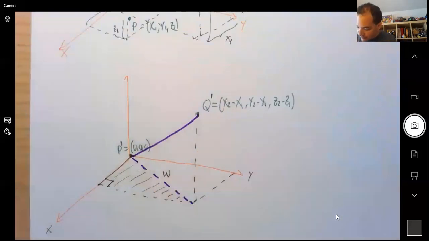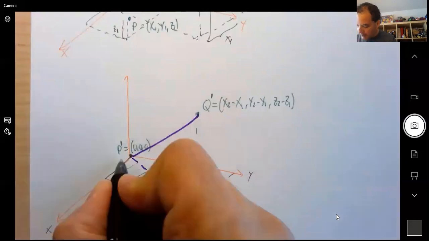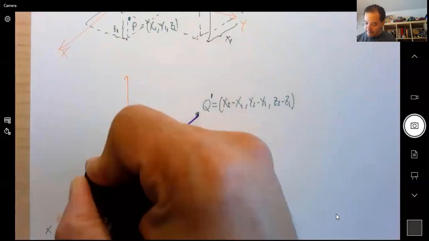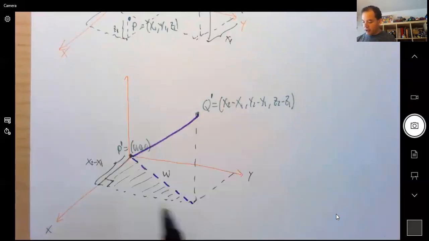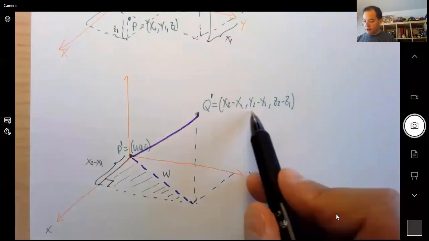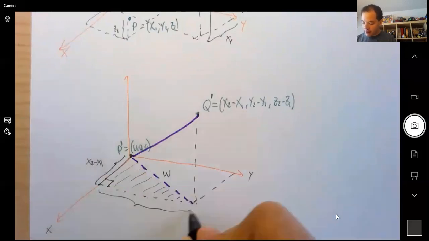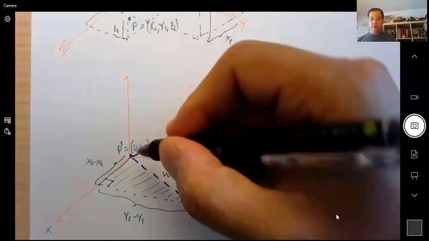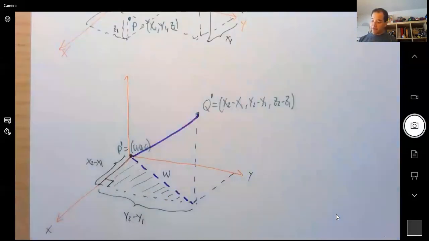So first, what is this length from here to here? Well, that's simply the x coordinate of Q prime. So that's x2 minus x1. Now from here to here is the y coordinate of Q prime. So that's y2 minus y1. So the length of W, I can get it using the Pythagorean theorem.